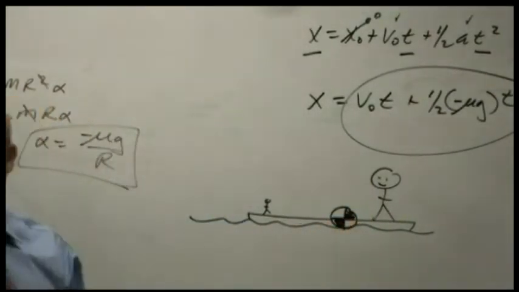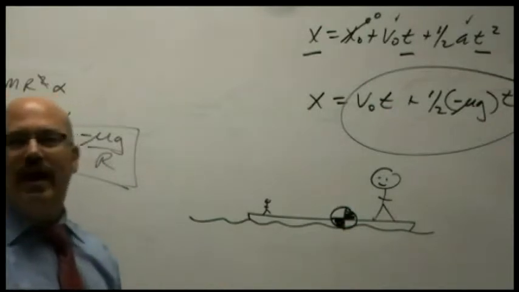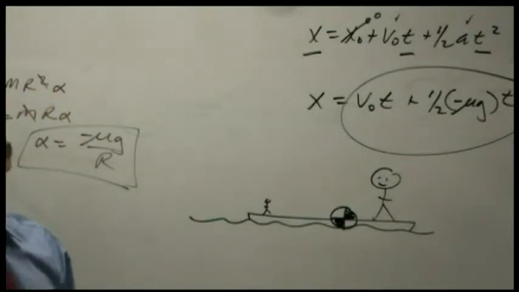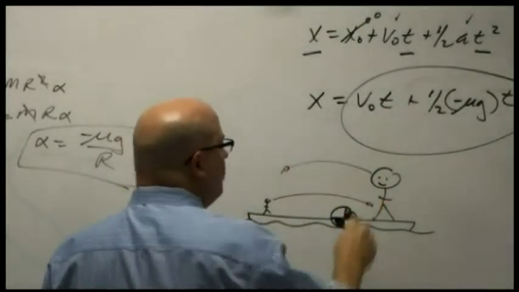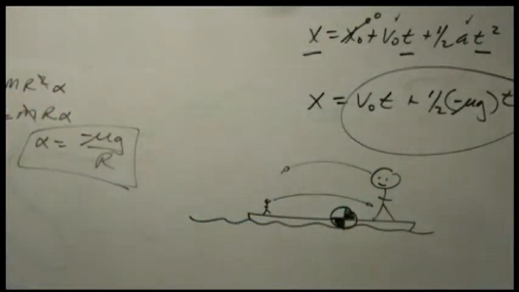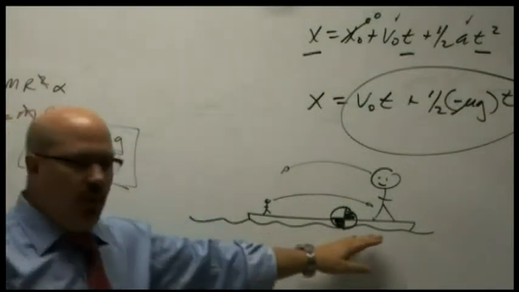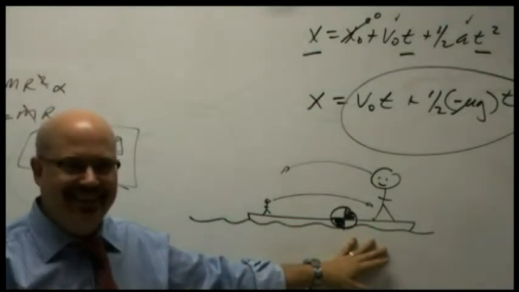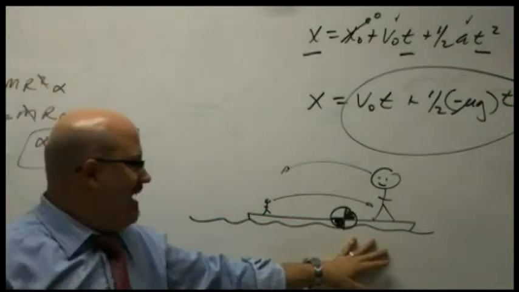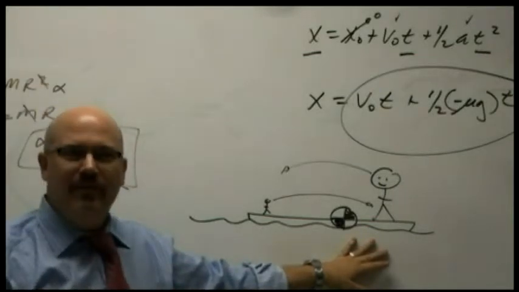Now let's say the two decide to swap places on the raft. So you walk this way, and Mini-Me walks this way. Assuming there's not a lot of friction, no outside force, essentially, from the water, what will happen? Think of center of mass.